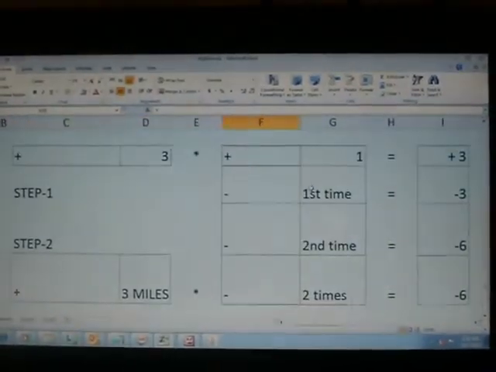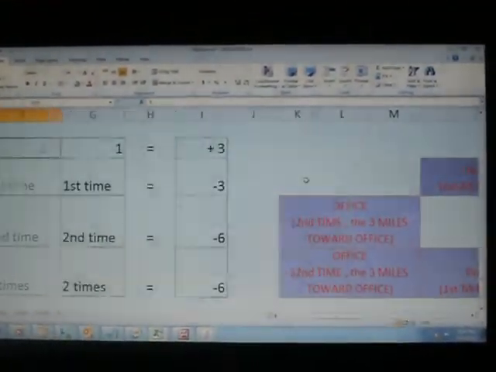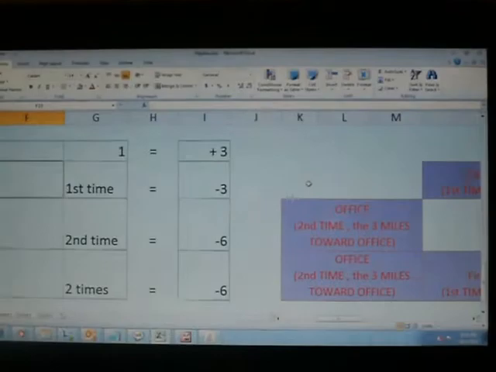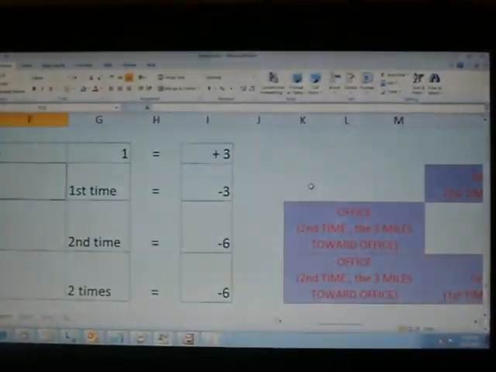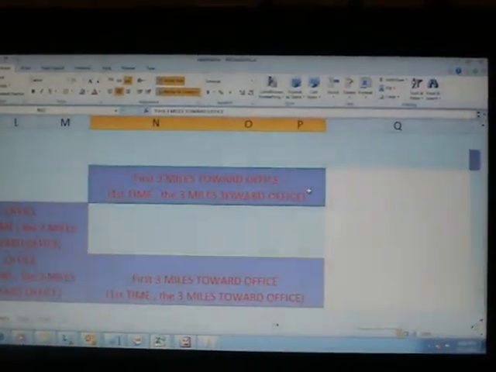I'm going to show that to you. So plus 3 into plus 1 is 3 miles toward school, and you are doing the same thing first time in the different direction, that is minus 1, then you will say 3 miles toward office. First time, the 3 miles toward office.